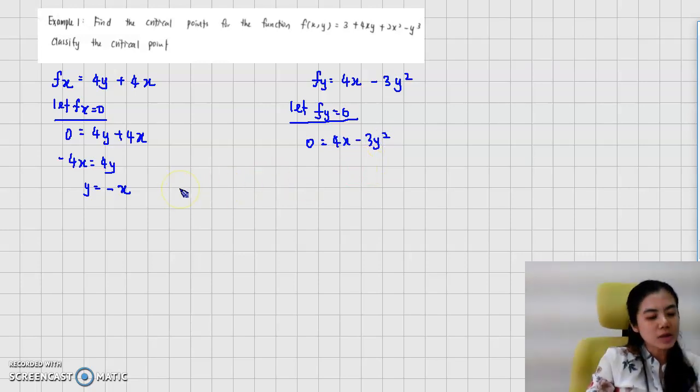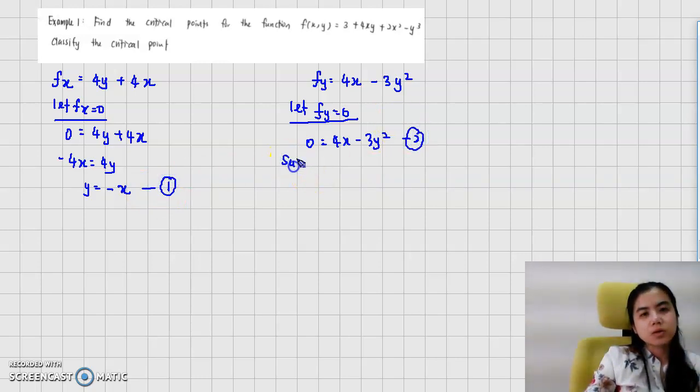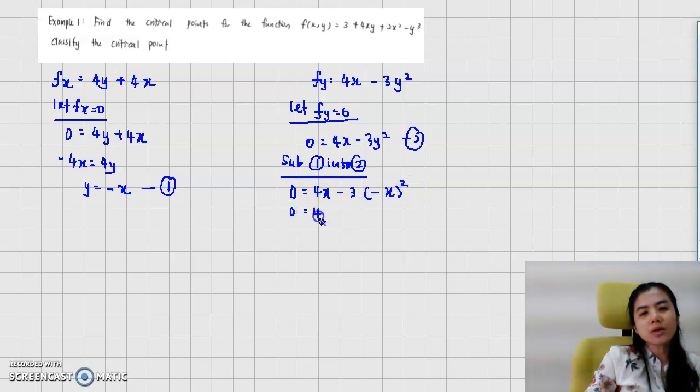In here you can do the substitution. So why don't we just do the substitution directly? Substitute your number 1 into your number 2. You will have 0 equal to 4x minus 3, and the y here is minus x, squared.